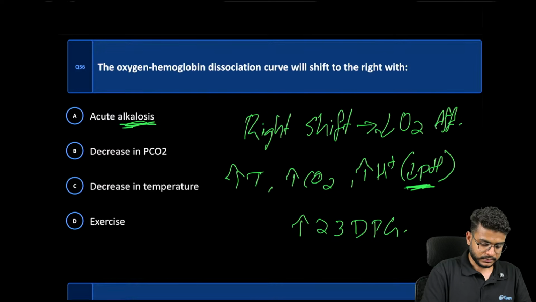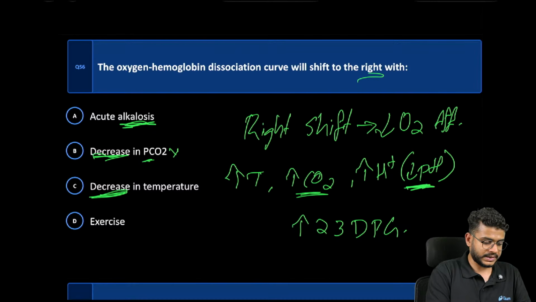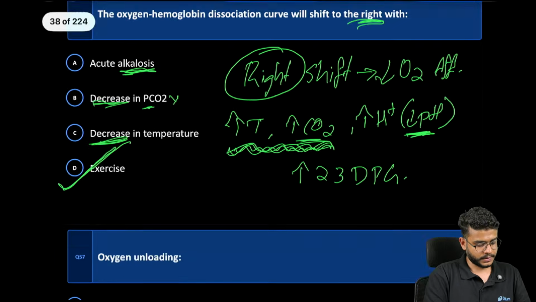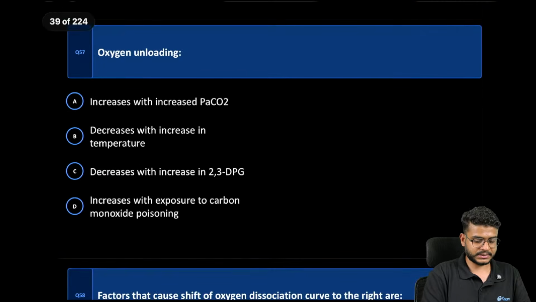Acidosis, right? What is next? Decrease in PCO2, no, increase in PCO2. Not decrease. Decrease in temperature, no, increase in temperature causes right shift. Exercise is basically increase in temperature and increase in carbon dioxide, which causes right shift. Okay, easy. Let's go to the next question.